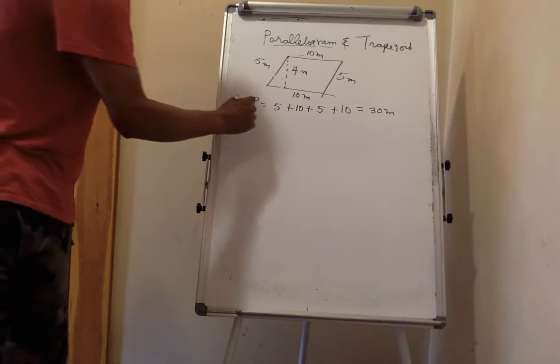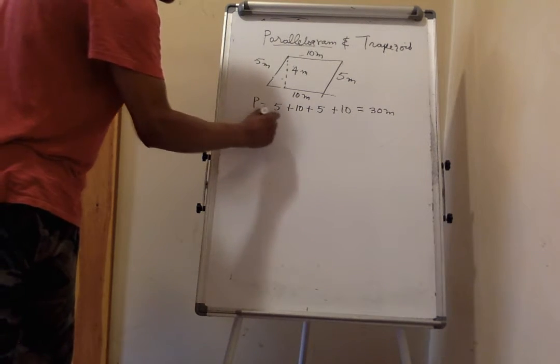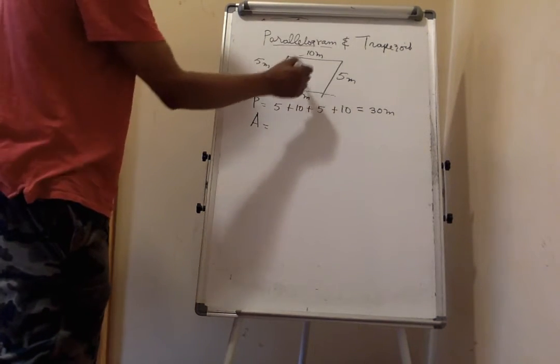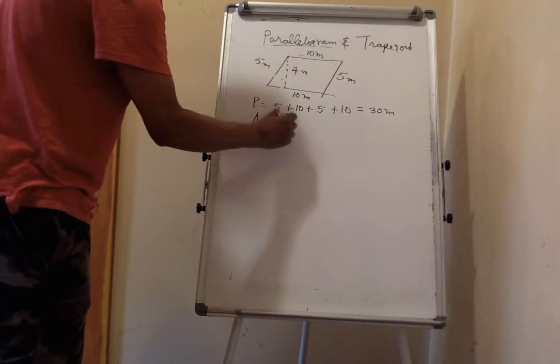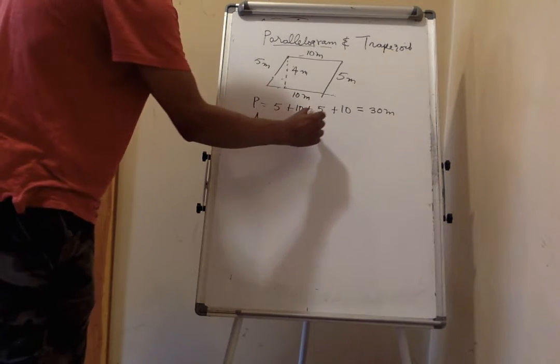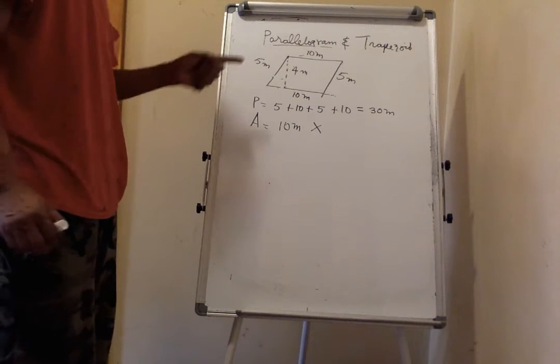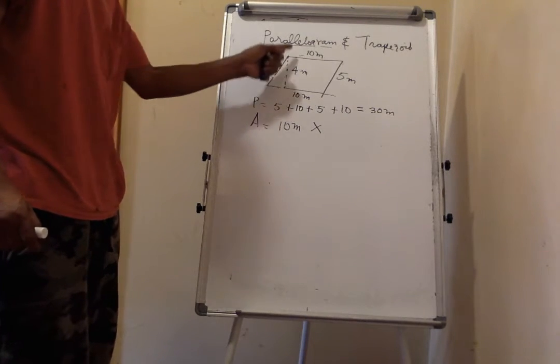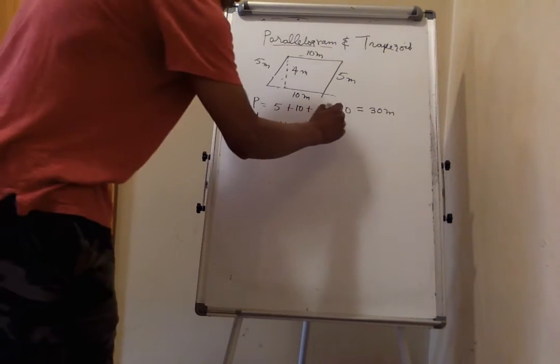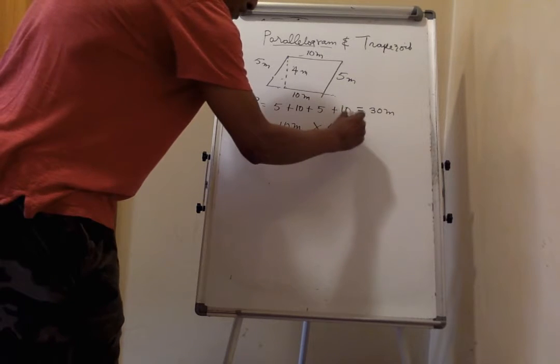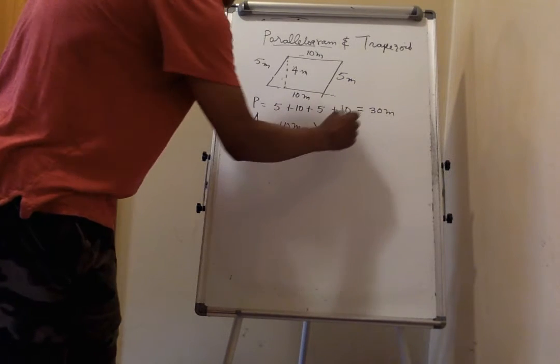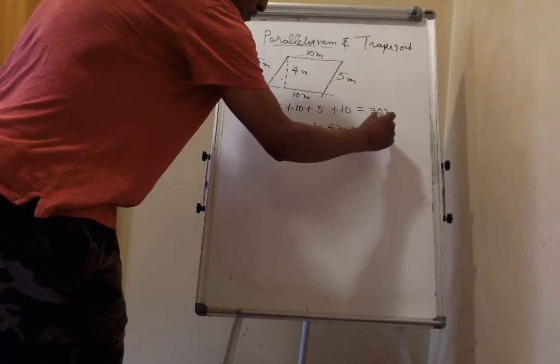So to find the area, what you need to do is choose either one, 10 meters. But you have to multiply it not by 5, but by 4, by the height. So this is 4 meters. So 10 meters times 4 meters is 40 meters squared.